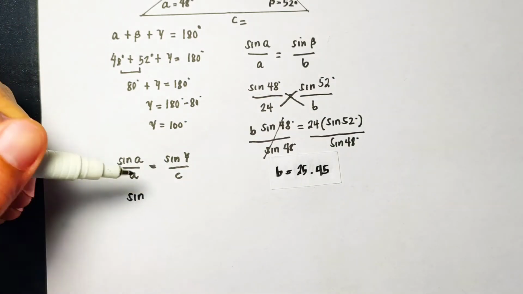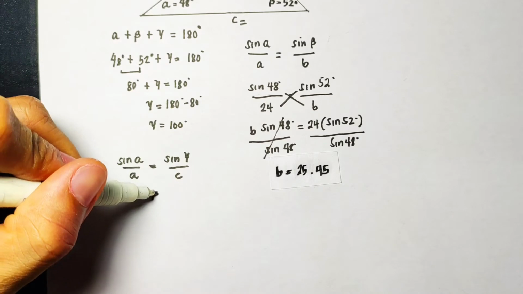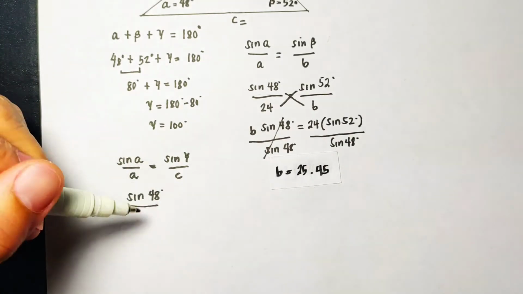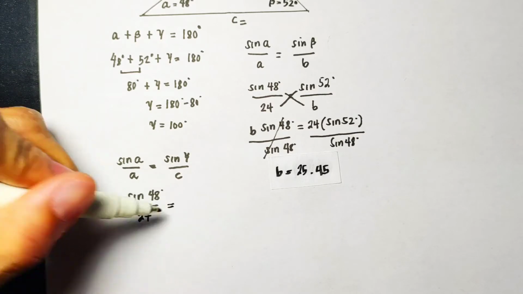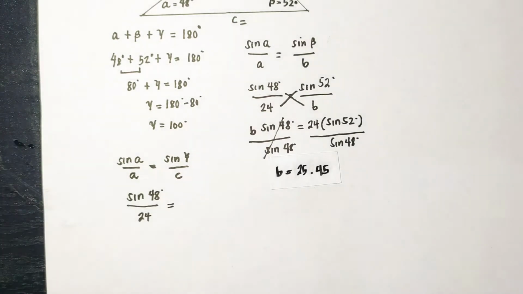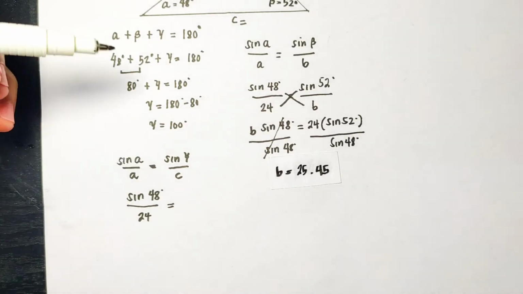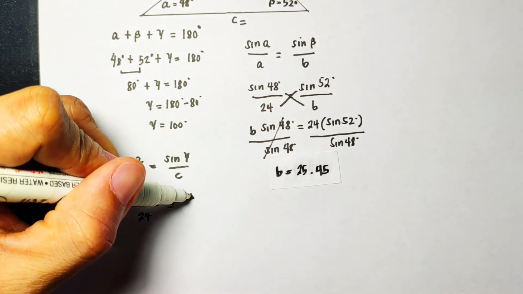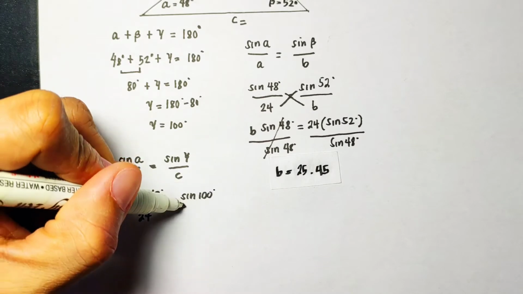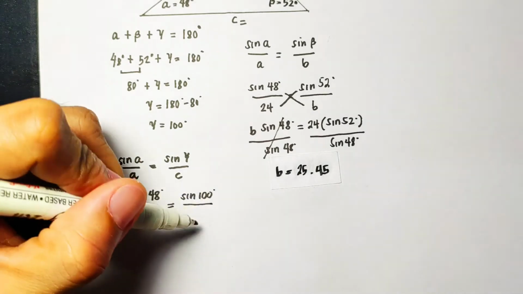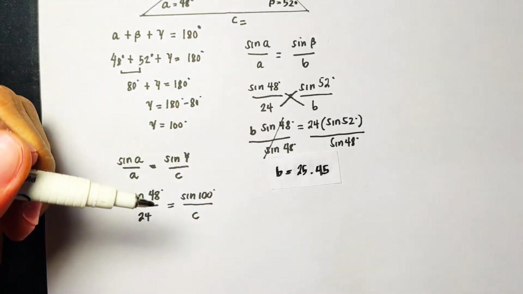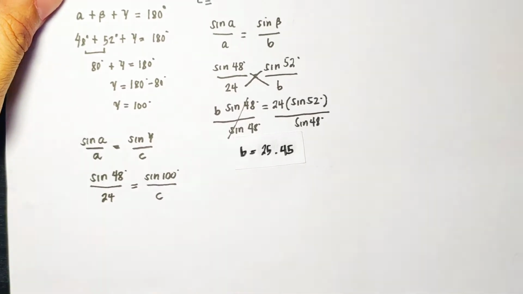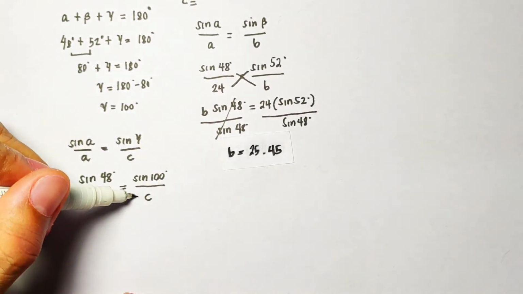The value of angle alpha is 48 degrees over the value of side A, which is 24, equals sine of this angle, which is gamma, 100. So that is sine of 100 degrees over, and that is what we are looking for, the value of side C. So to solve for that, let's just cross multiply.